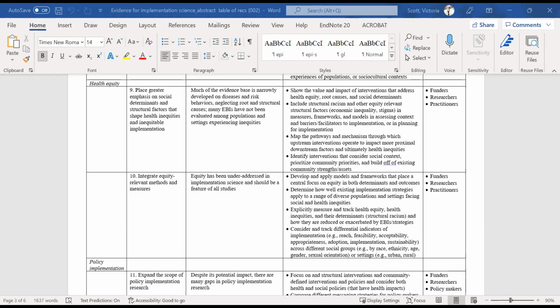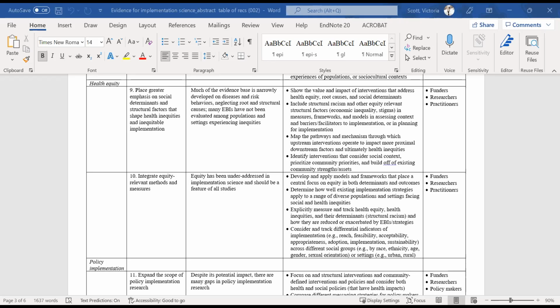The interesting thing is, when we first sent that to the journal, the immediate response from the editor was that we've been doing this for a long time. I looked back at articles in the journal Implementation Science, and there were barely any that even used the term health equity. Even if you broaden it to other terms like health disparities, there were still relatively few articles.